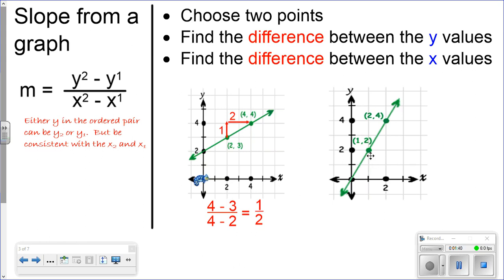In this example, if I choose these 2 points, I would count and go up 2, right 1. If I use the equation y2 minus y1 over x2 minus x1, it would be 4 minus 2 over 2 minus 1, which gets us the same answer of 2 over 1.